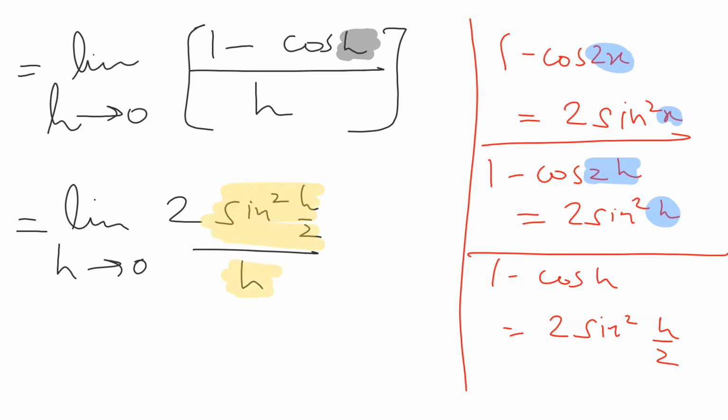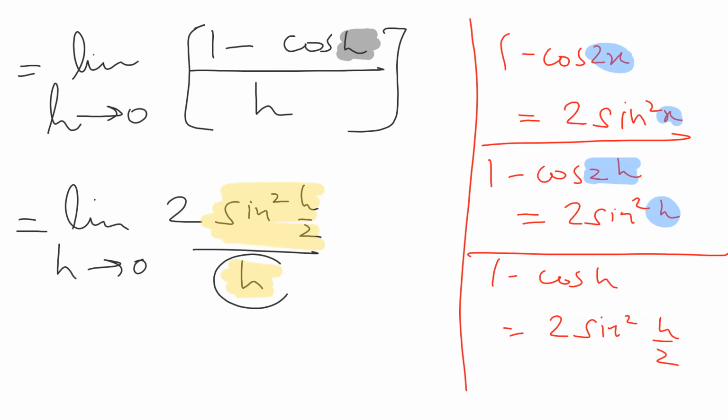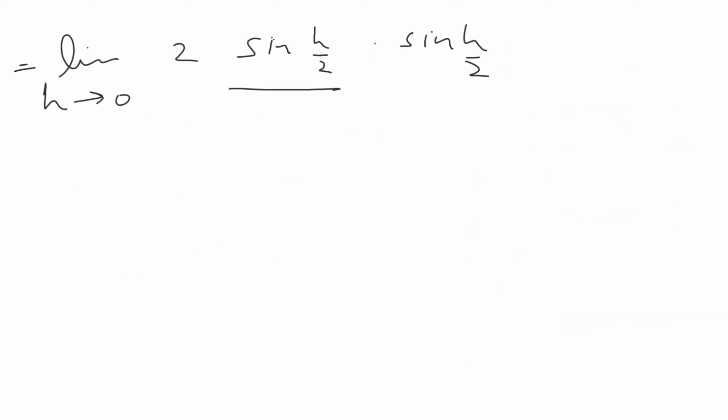So we'll separate the sines in the numerator. So limit h approaching 0, 2 sine h by 2 into sine h by 2 upon h. Down there is only one h, so we have to give this h to any one of the sines. We cannot give it to both because there is only one h. Fine. So this will remain as it is.